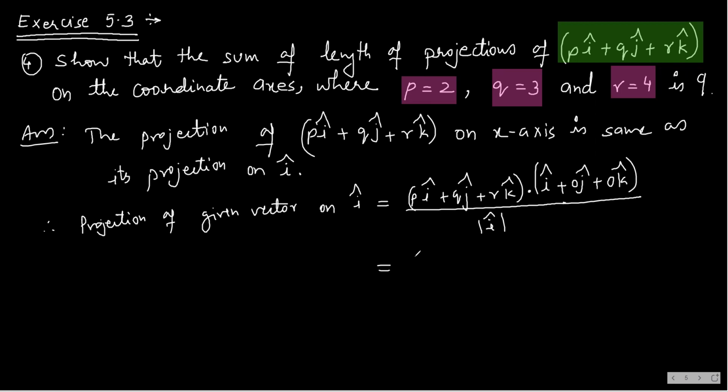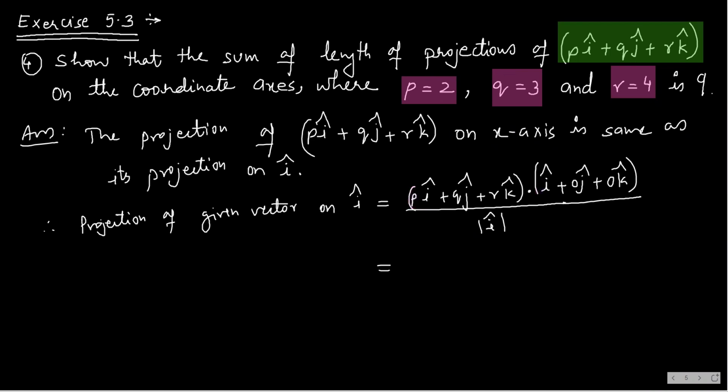So in the next step, what will it be? We will have only p into 1. The coefficient of I cap is 1, so we will have p into 1, and q into 0, r into 0 will give us 0.